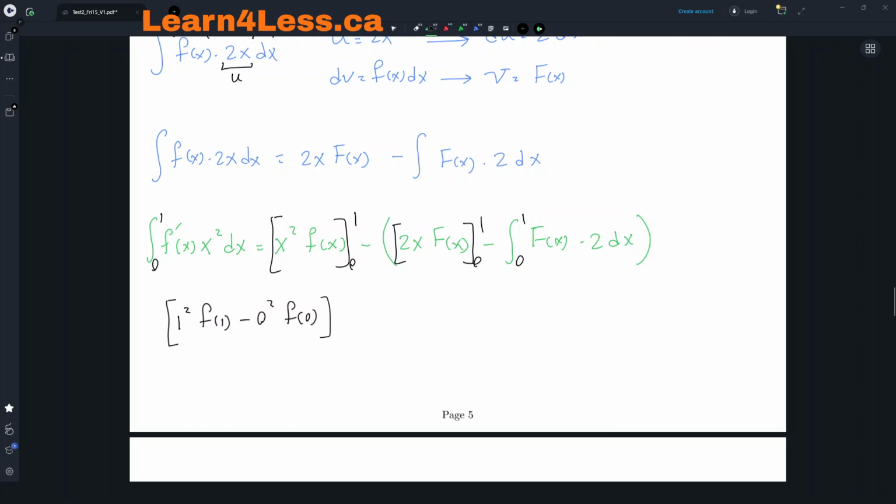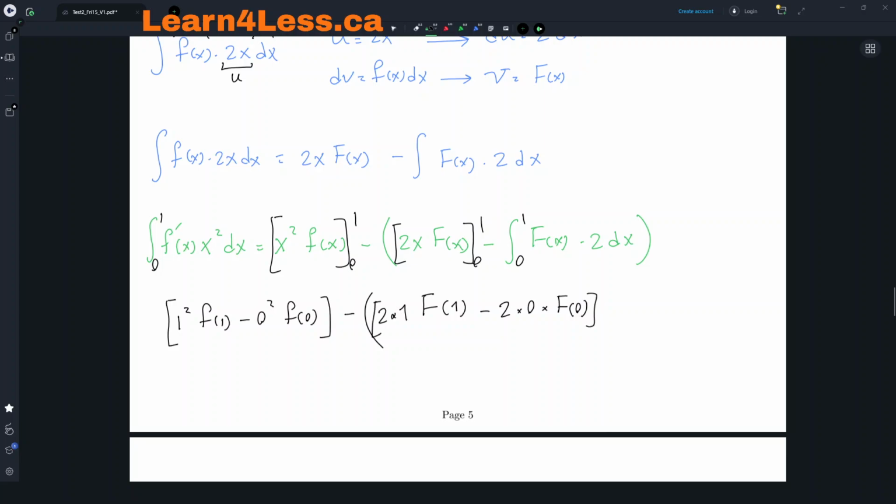So this is the first part, minus. We have a big bracket. We plug in 1. It is 2 times 1 times capital F of 1 minus 2 times 0 times capital F of 0. I don't need a bracket here. Okay.